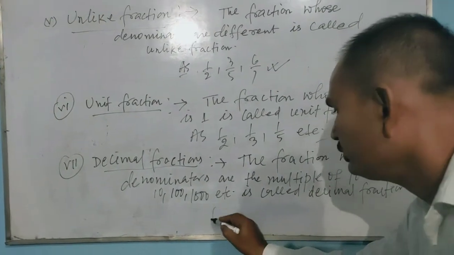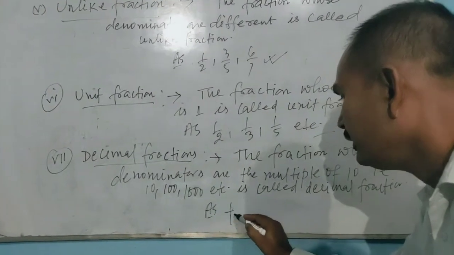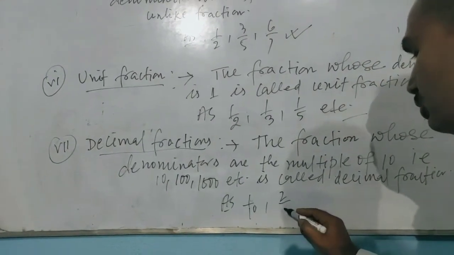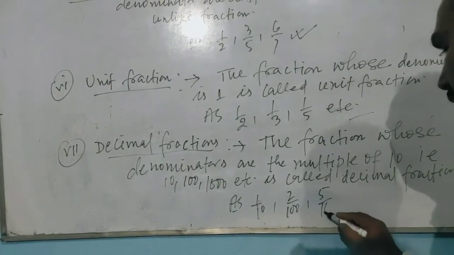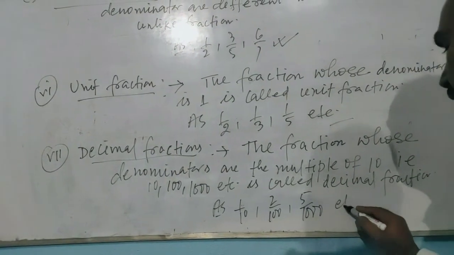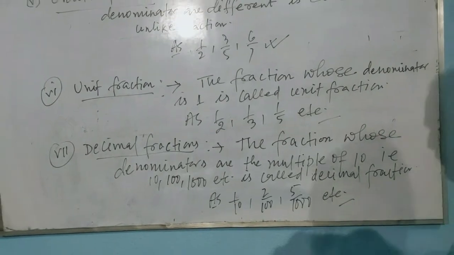Okay, example: 1 by 10, 2 by 100, 5 by 1000, etc. Okay?